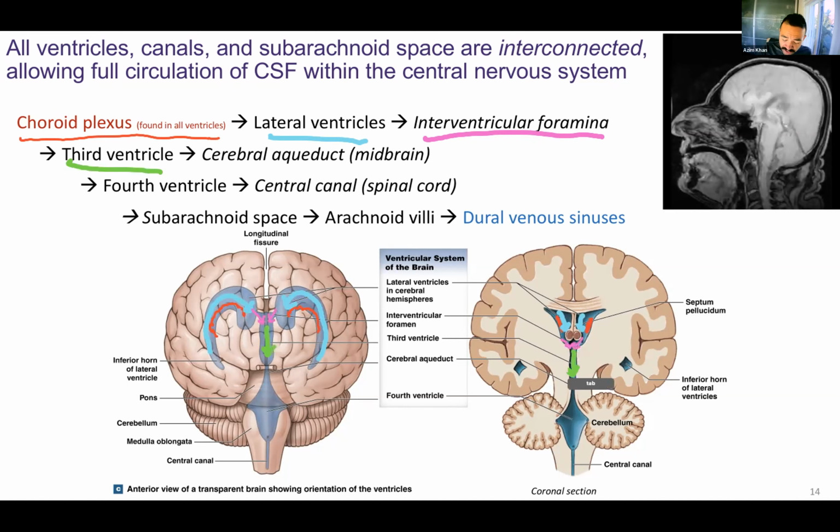Then we go to a very narrow passageway known as the cerebral aqueduct. It's at the level of the midbrain. We'll learn where that is. Then we get to the last ventricle, the fourth ventricle, down here. And then from the fourth ventricle, we get to the central canal.